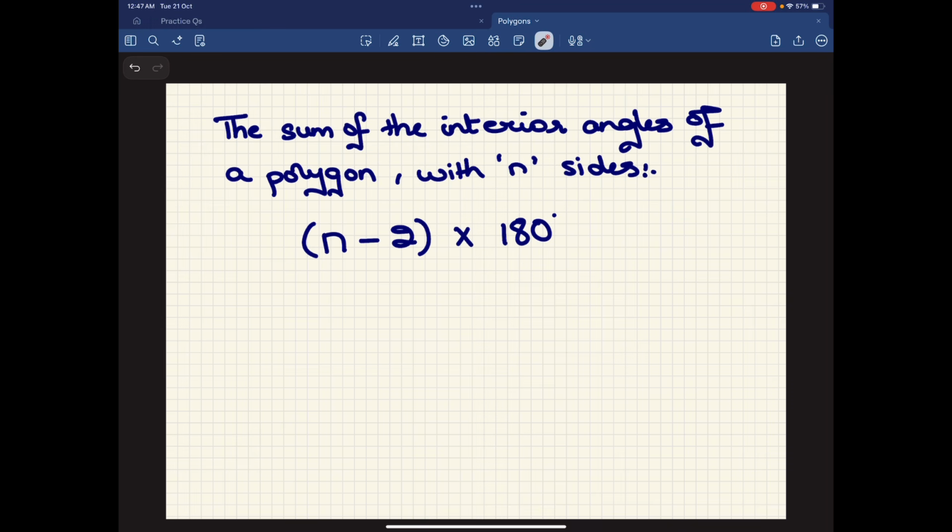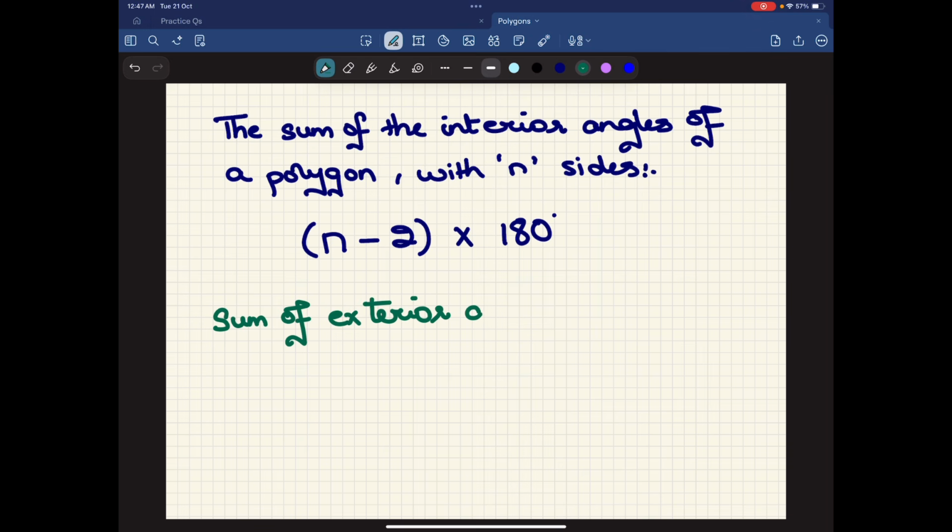What about the sum of exterior angles? So remember that the sum of exterior angles is 360 degrees irrespective of the value of n.